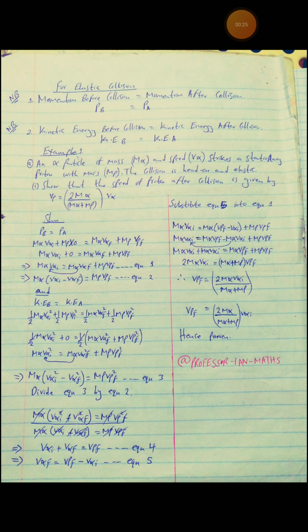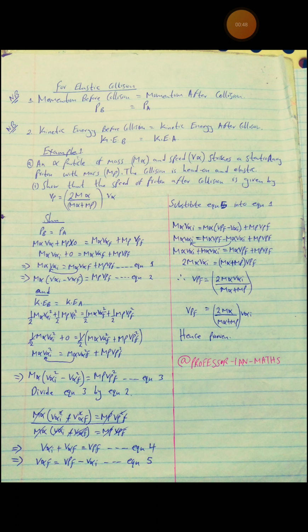Now here we have an example where we are given that an alpha particle of mass m alpha and speed v alpha strikes a stationary proton with mass mp. The collision is head-on and elastic, which means that they collide and move in different directions.